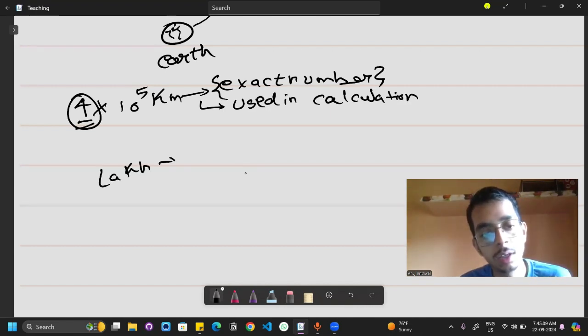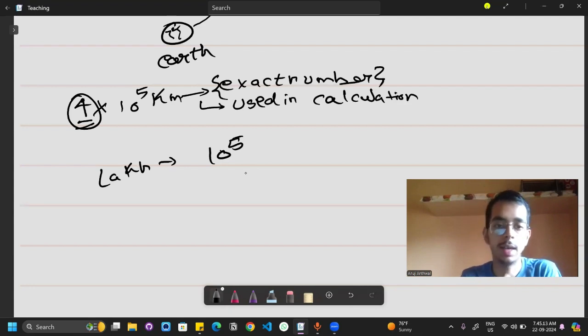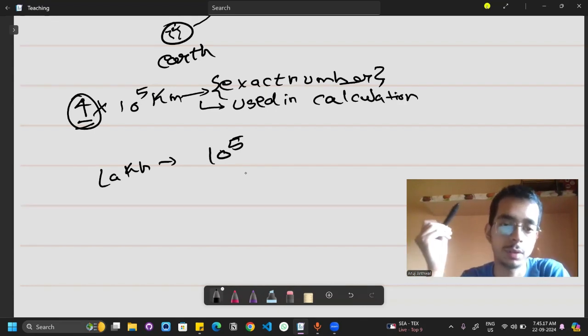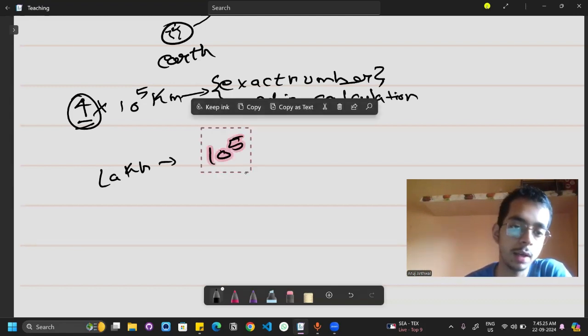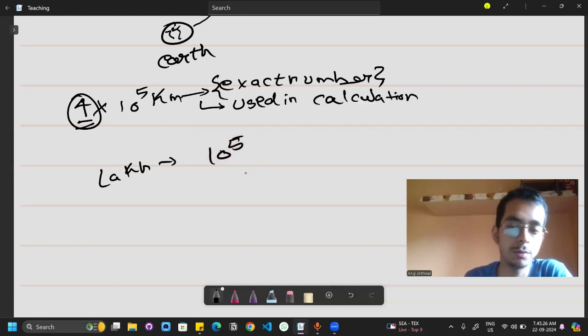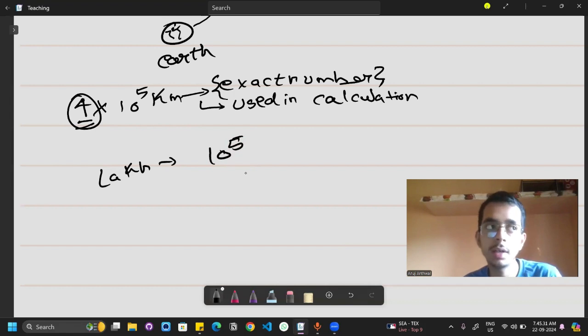Lakh is 10 to the power 5, isn't it? So if you know that lakh is 10 to the power 5, then in general you are going to say that the distance between us and the Moon is in lakhs. You will not care about this 4 here, and you don't have to.